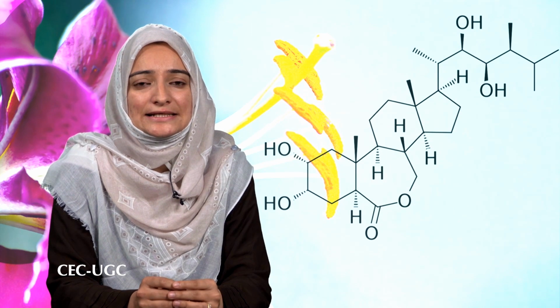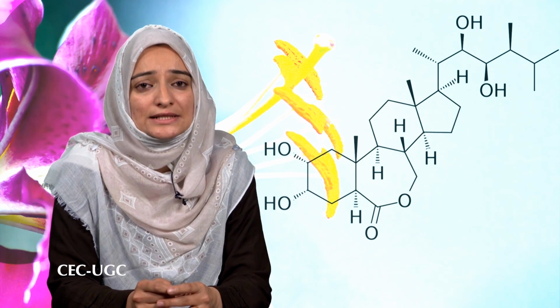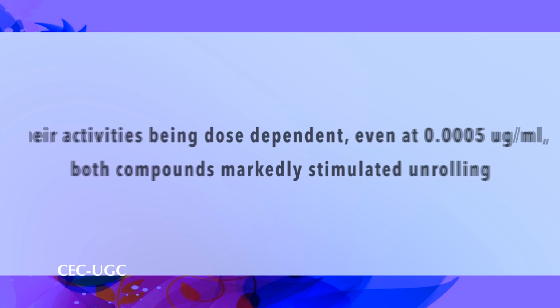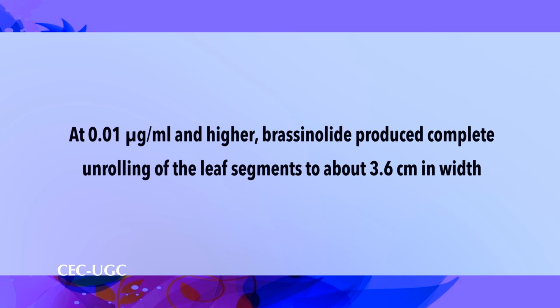Brassinolide and its 6-keto congener castosterone dramatically stimulated leaf unrolling, their activities being dose dependent even at 0.0005 microgram per ml. Both compounds markedly stimulated unrolling. At 0.01 microgram per ml and higher, brassinolide produced complete unrolling of the leaf segments to about 3.6 cm in width.